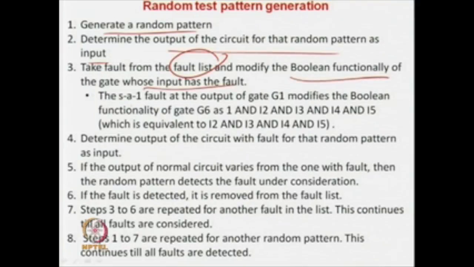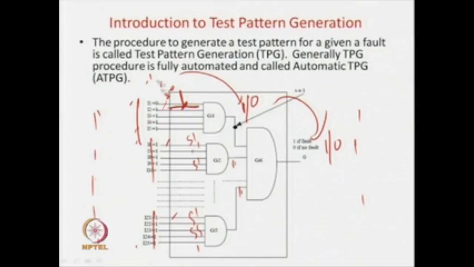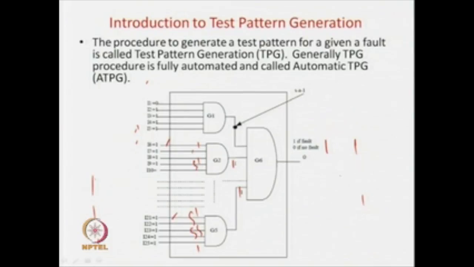So for example, take the same circuit, and say there is a stuck at 1 fault at the output of G1. The output of this AND gate functionality will be output of G2 and output of G3 and so on up to output of G5.